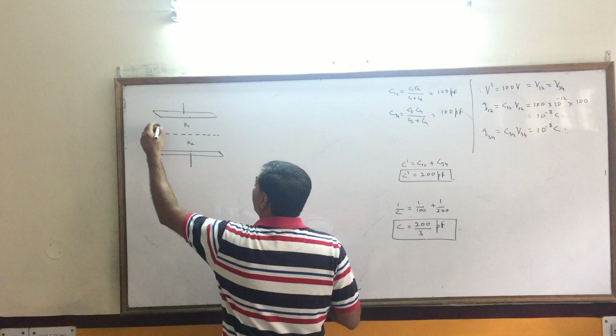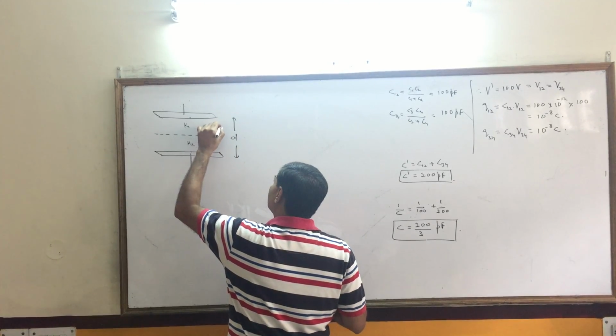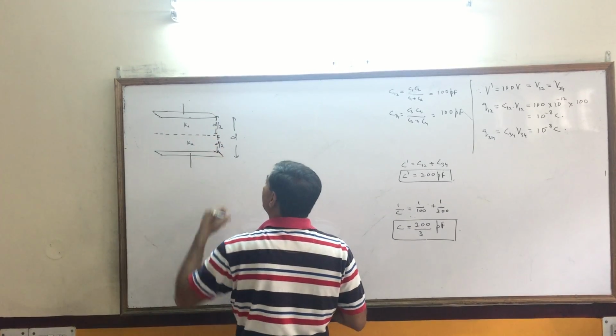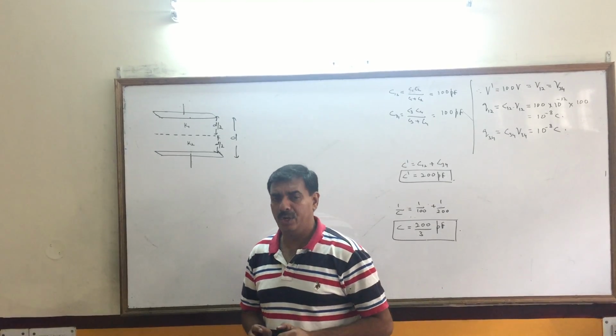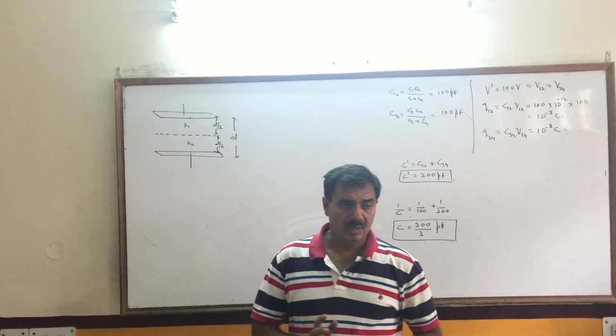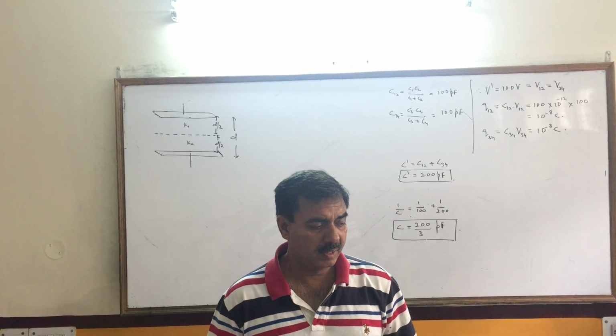Now, this separation was D. This is D by 2 and this is also D by 2. You have to find the capacity of the arrangement. Let me guide you. बहुत सुनना पड़ेगा बेटा.